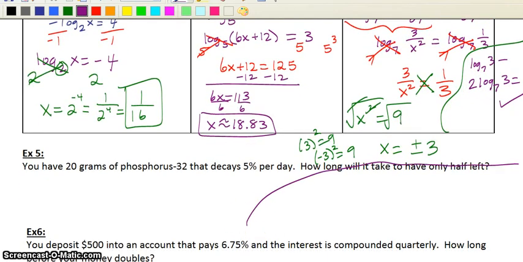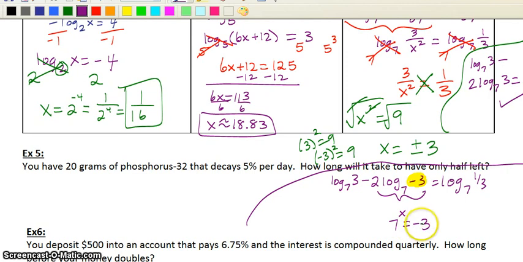Now, when I try to check the negative 3, what happens is I end up with that situation I was talking about at the very end of our notes on section 8.5, which is when I get a negative statement right here. It's not possible because remember, this log statement is right now asking me what power of 7 gives you a negative 3, and it's not possible to take an exponent and get a negative if you started positive.